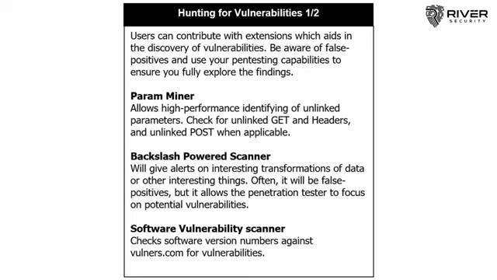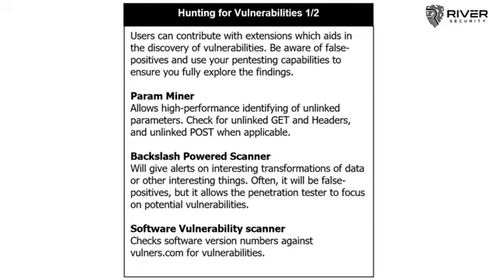The Backslash Powered Scanner allows the pen tester to have an automatic way of trying all kinds of interesting inputs and looking in the results to see if there are any inputs that are transformed. Say, for example, a backslash is transformed into a double backslash, or curly brackets are removed or replaced with something else.